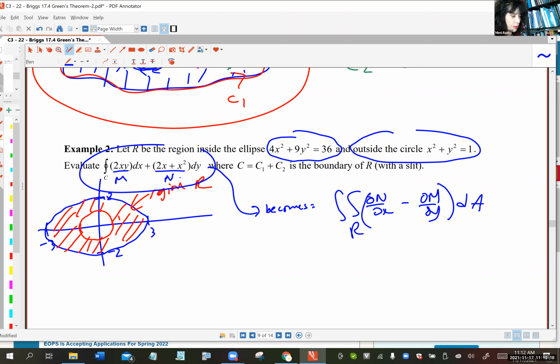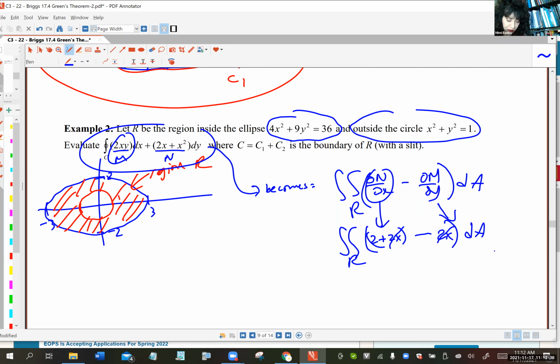So dN/dx looks like it's going to be 2 plus 2x, minus dM/dy. The derivative of 2xy with respect to y is 2x. Now I hope you can see what's going to cancel are the 2x terms.